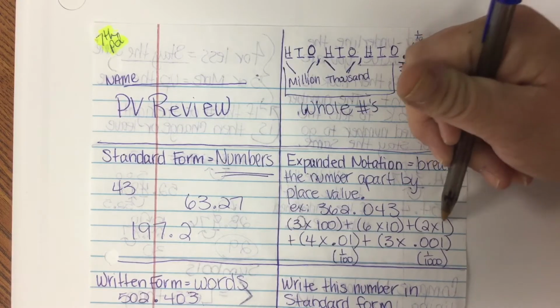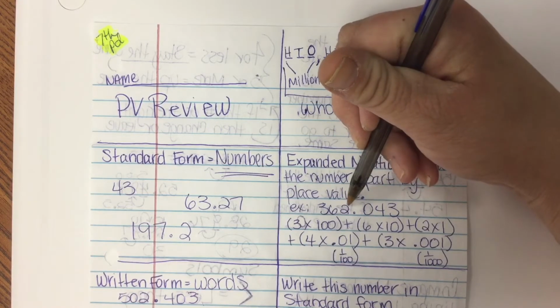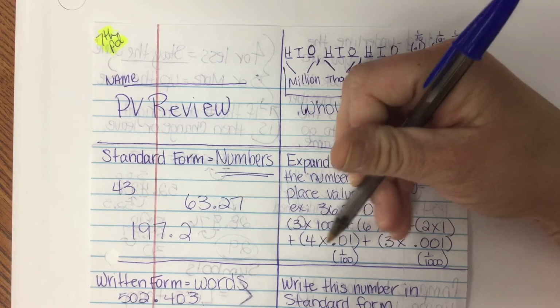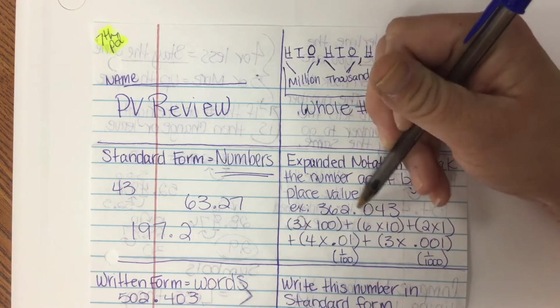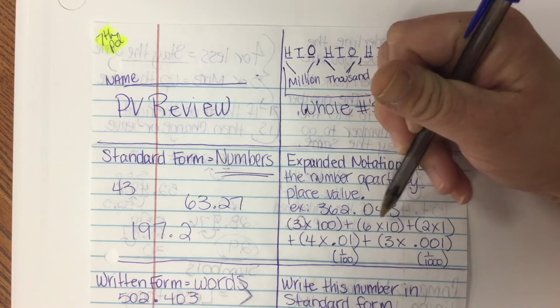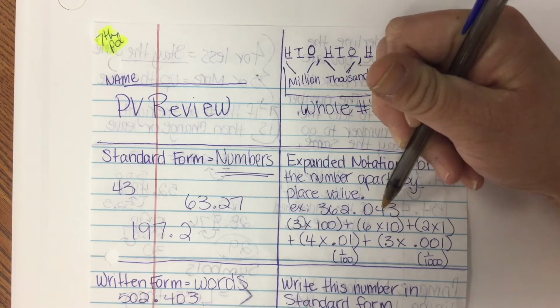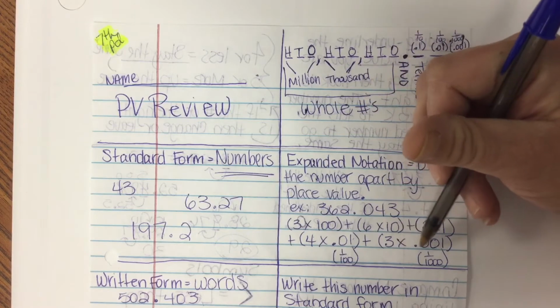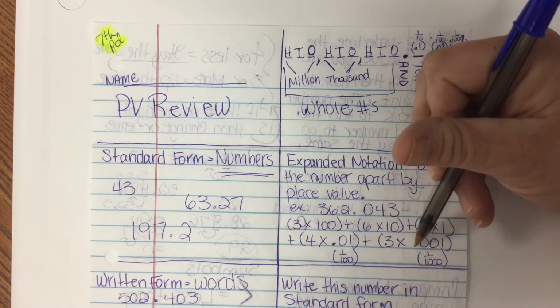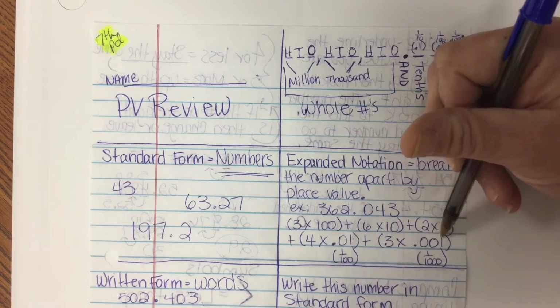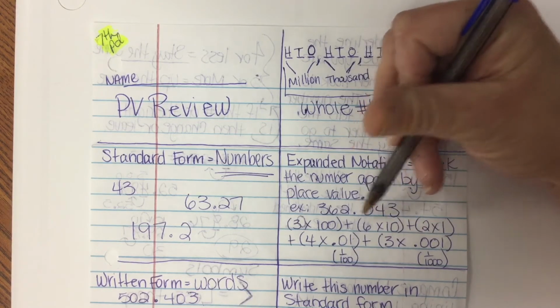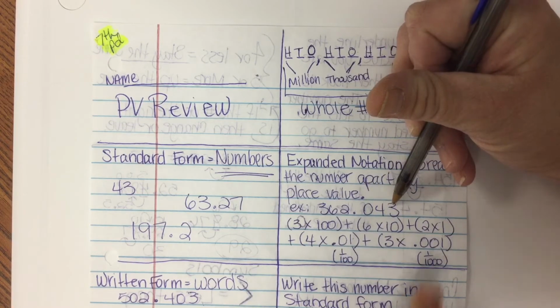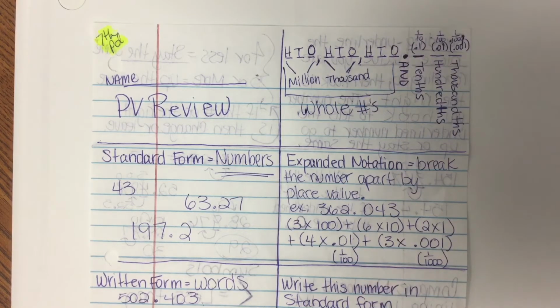Okay, 2 and 1, it's in the same place, so the 2 is in the ones place. 4 times 0.01, so the 4 is 2 spaces to the right of the decimal. 3 times 0.001, so there's decimal, 1, 2, the third place is where the 1 is. So decimal, 1, 2, the third place, that's where the 3 is. Okay, so it's based on wherever the 1 is in the number that you're breaking apart.